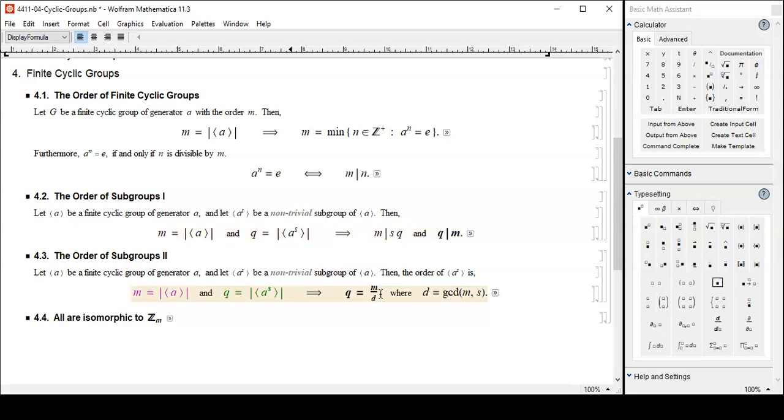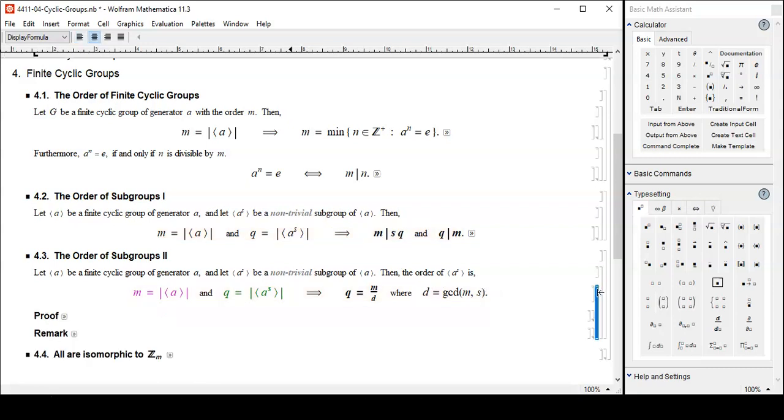That integer is actually D, the GCD of M and S. So this one down here is a stronger version of the second conclusion of 4.2. So this bold here is a stronger version of this bold. That much is certain. As for the first conclusion here, it's not that obvious, but surprisingly it may be that 2 comes from 4.3.